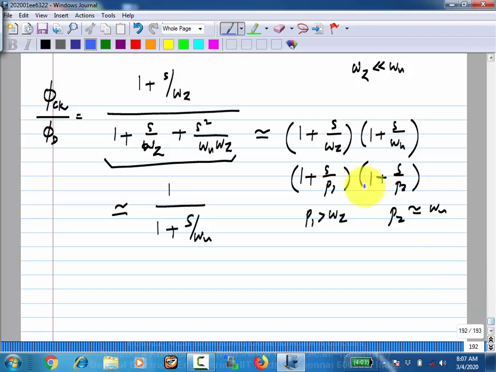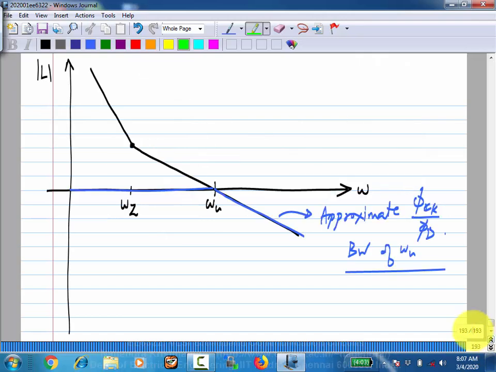Now if you look into the details a little bit, like I said, this pole will be at a slightly higher frequency than the 0. So what will happen in that case? How will that change this plot? As per now, what will happen? It will be 3 dB down where? Omega? No, that is okay. That is just a Bode approximation thing.